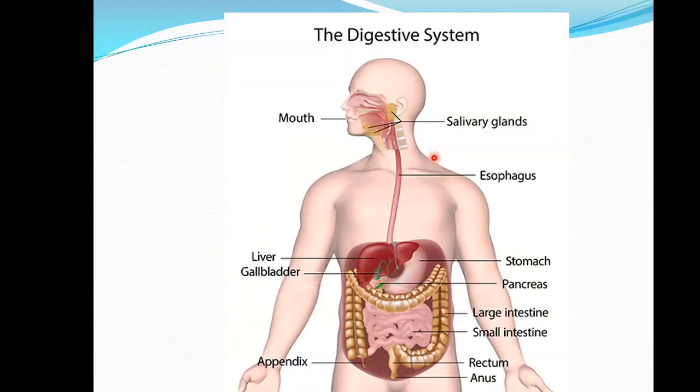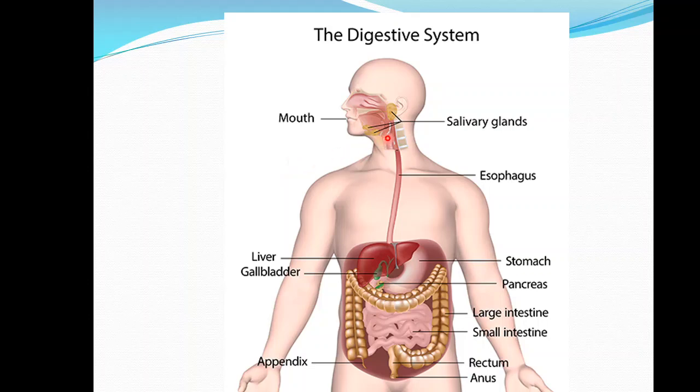Now let's look at the whole digestive system. We have the mouth, and then the salivary glands found at the back of the mouth, and then the epiglottis, which we viewed in the previous slide.